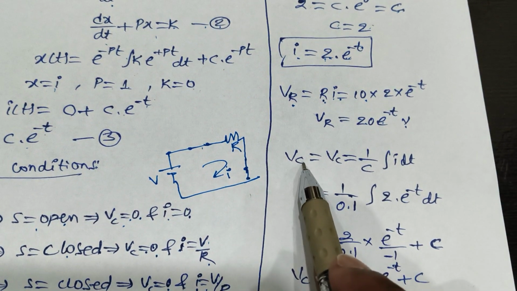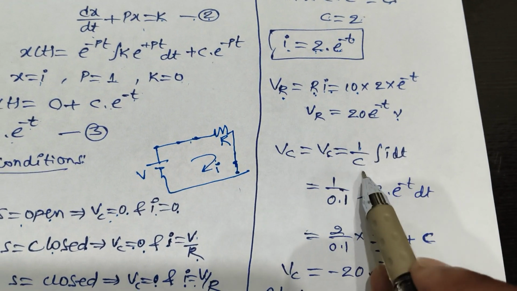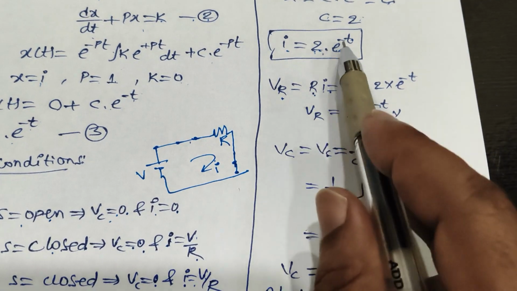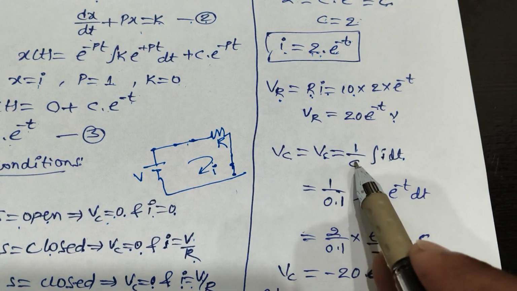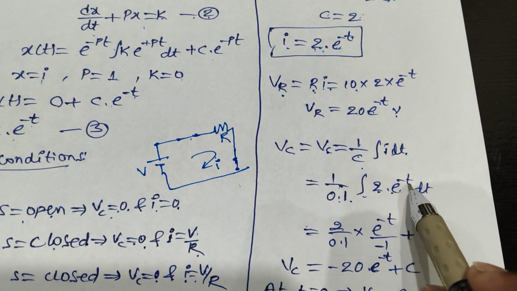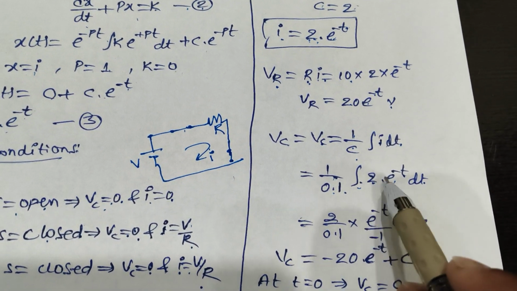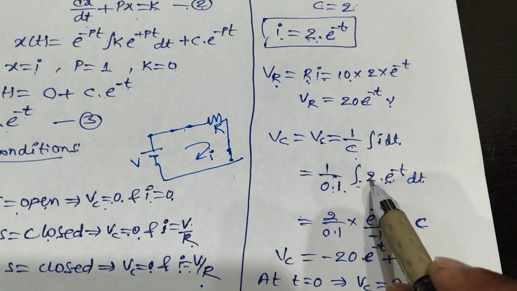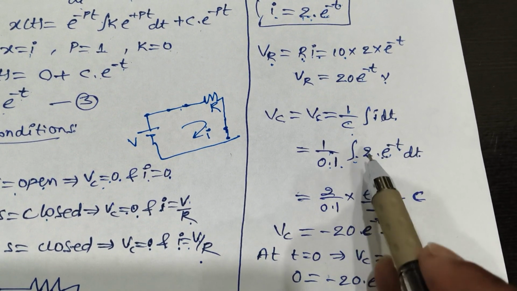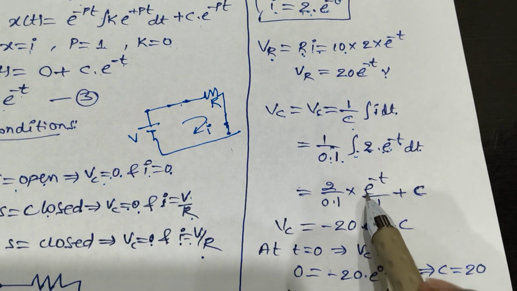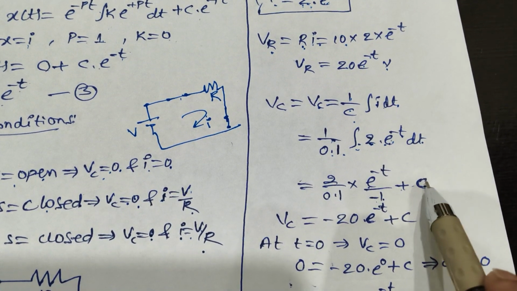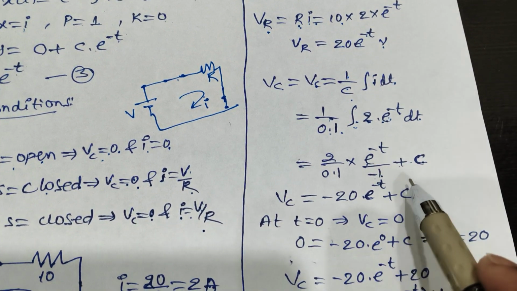And the voltage across the capacitance Vc is equal to 1 by c integral I into dt. I will substitute the I equation, 2 into e power minus t, with 1 by c equal to 1 by 0.1: integral 2 into e power minus t into dt. By integrating this, 2 is a constant, so I take it out of the integration: 2 by 0.1, the integration of e power minus t is e power minus t by minus 1, plus c, the initial value.